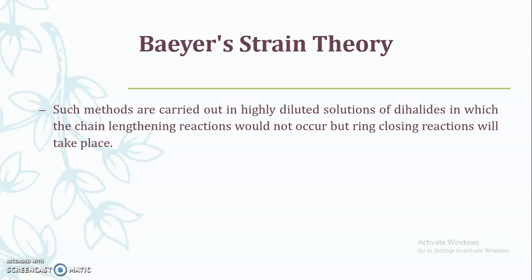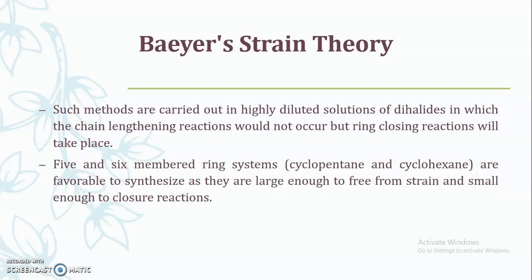So this is one way by which we can synthesize rings higher than cyclohexane. We just have to use a highly diluted solution of dihalides in which chain lengthening reactions would not occur.